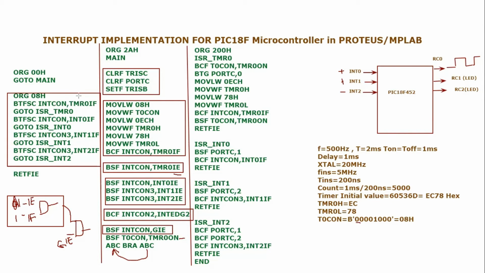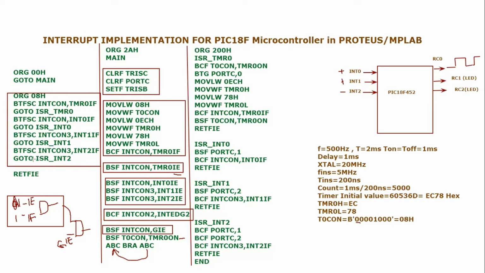So we check them one by one, and if any of them has interrupted, it will be high, and we will go to its respective interrupt service routine. ISR is what? Interrupt service routine for timer 0, ISR for interrupt 0, ISR for interrupt 1, ISR for interrupt 2, right? So these are just labels. You can use any other label. I'm just trying to use a label which is meaningful, right?